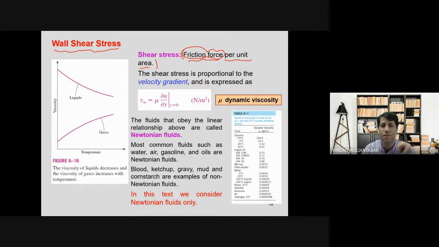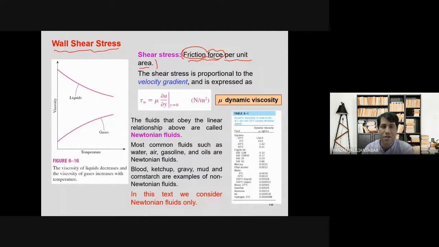If you remember from other subjects, friction force is related to the property of the surface, which we call the coefficient of friction. Later we will discuss that, but here I just tell you that the friction force for liquids or gases or different fluids depends on the temperature of the substance. And the other property which is affected by the temperature of the fluid is its viscosity.